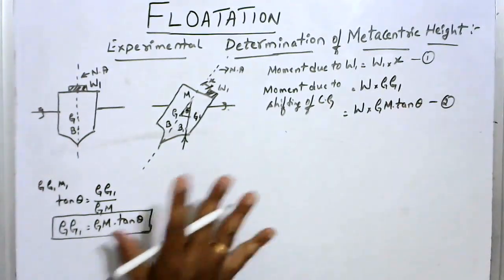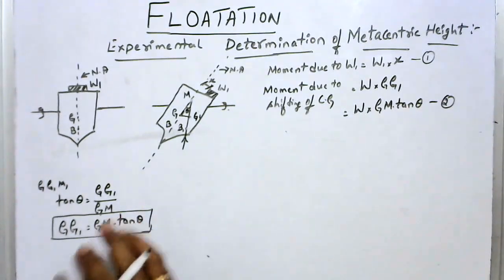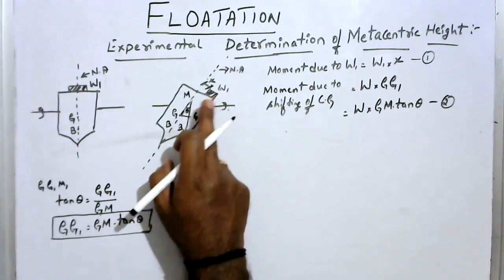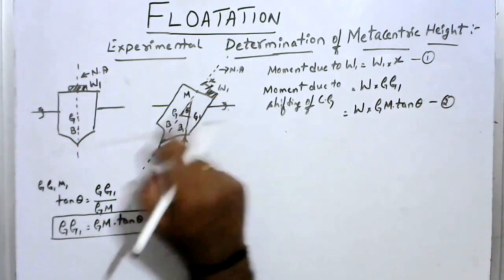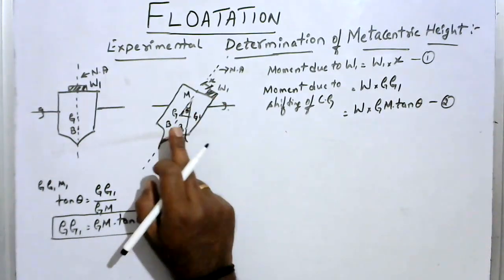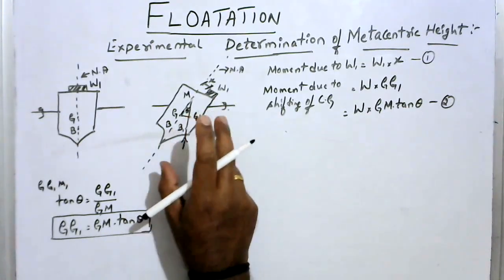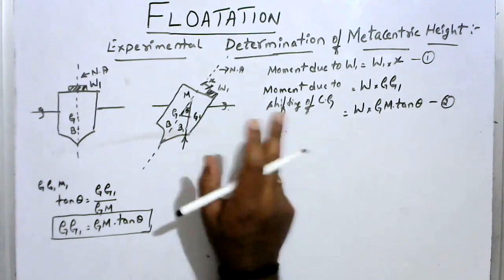In order to achieve equilibrium, one moment which was acting, that is W1 into X, and the other moment is W GM into tan theta. So in order to achieve equilibrium, both these moments should be the same.